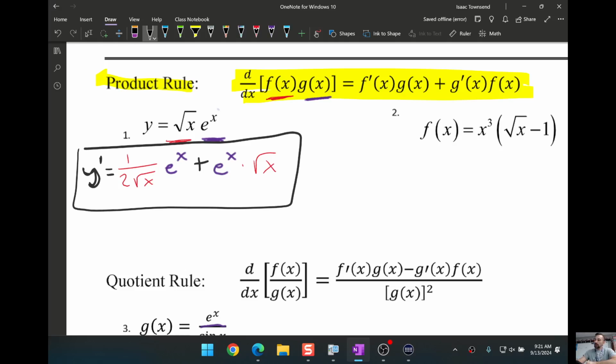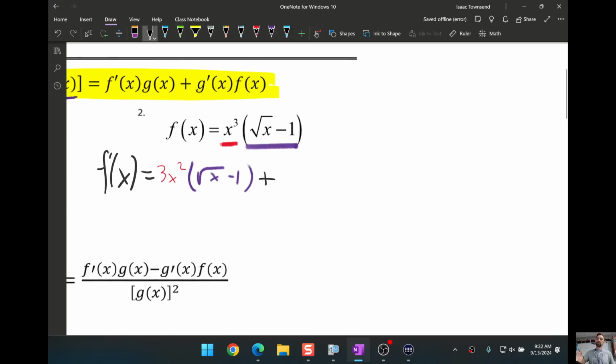Okay, so if I want to go from f to f prime in question 2, notice I'm recognizing I've got something times something, x squared times square root of x minus 1. So take the derivative of the first part, the second part left alone, plus, and then just do it in the other order.